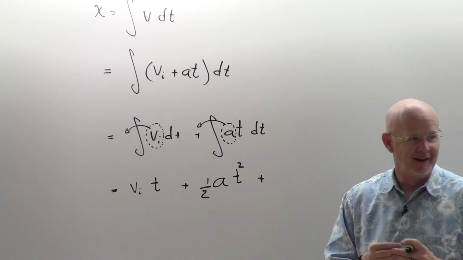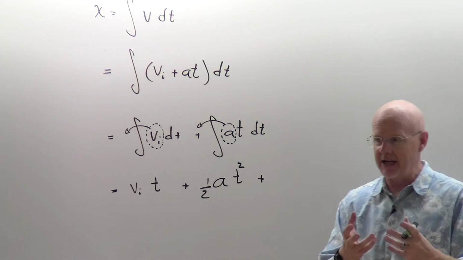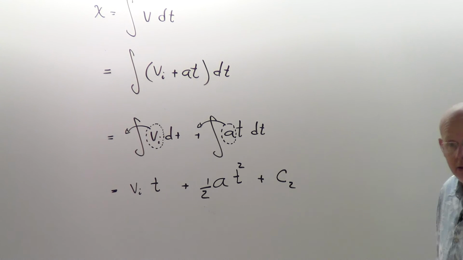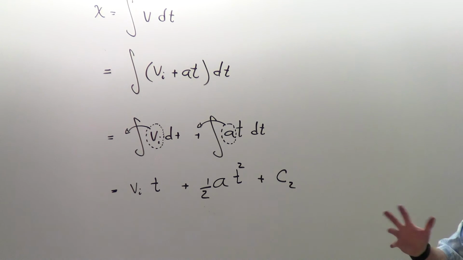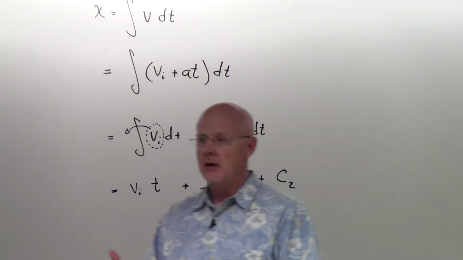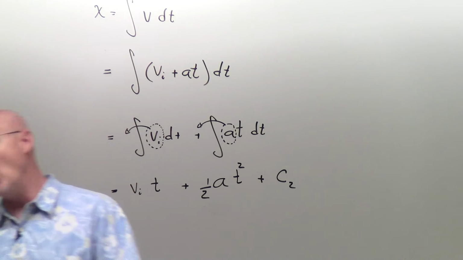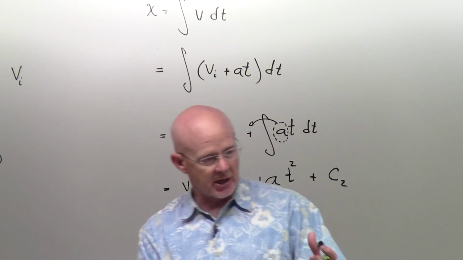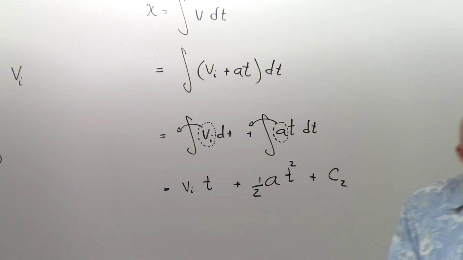I get some constant that I still don't know until I begin to read the math here. But I want to point out, I'm not going to write two separate constants. There's no point in that. I know that I'd get a constant from one integral. I know I'd get a constant from another one. I know I could combine those to get some other constant, so there's no point in writing 2. There would be 1 up there.